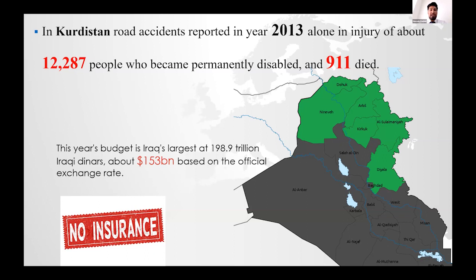No private company and no governmental law requiring insurance. So simply, if everyone has a car crash there, there is nothing, and they should fix all the problems by themselves. There is no car insurance and no governmental law. So it's a good opportunity for worldwide companies to come there and build an insurance industry.